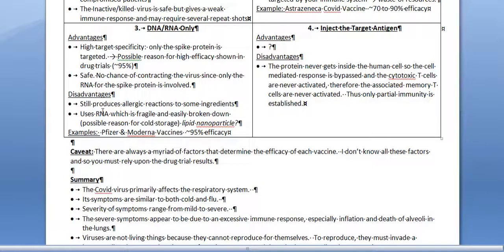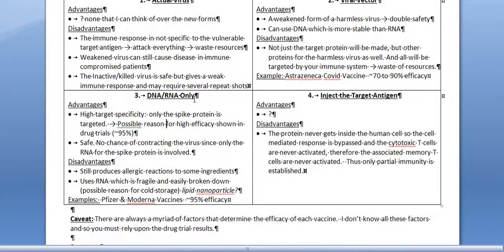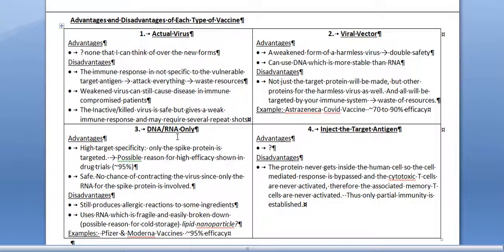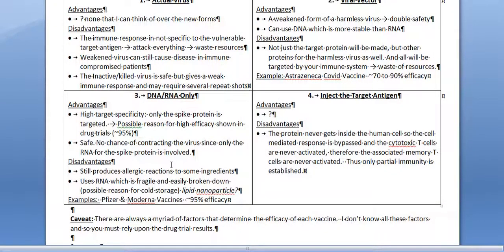Disadvantages: you still get allergic reactions to some of the ingredients. Allergic reactions apply to all these injections, possibly, depending upon what ingredients are in there. It's been shown that about 1 in 100,000 have had allergic reactions, so if you get allergic reactions to vaccines, have some caution here.